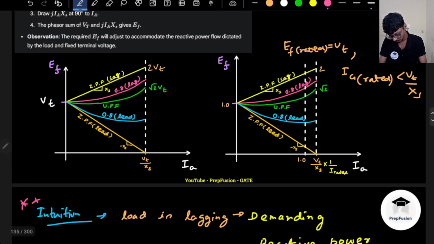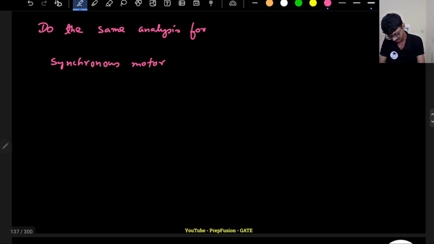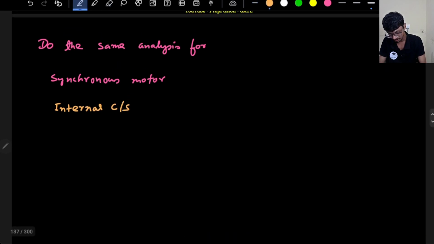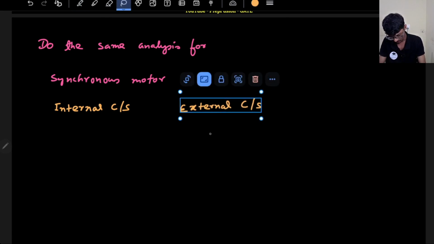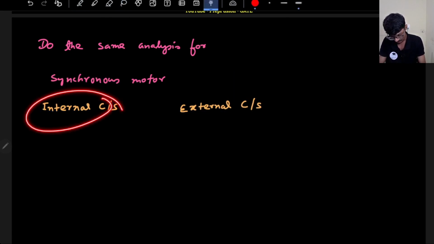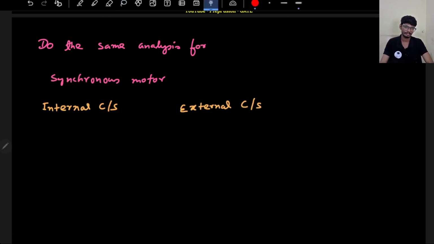We did two cases. One was the internal characteristics, and the other was the external characteristics.